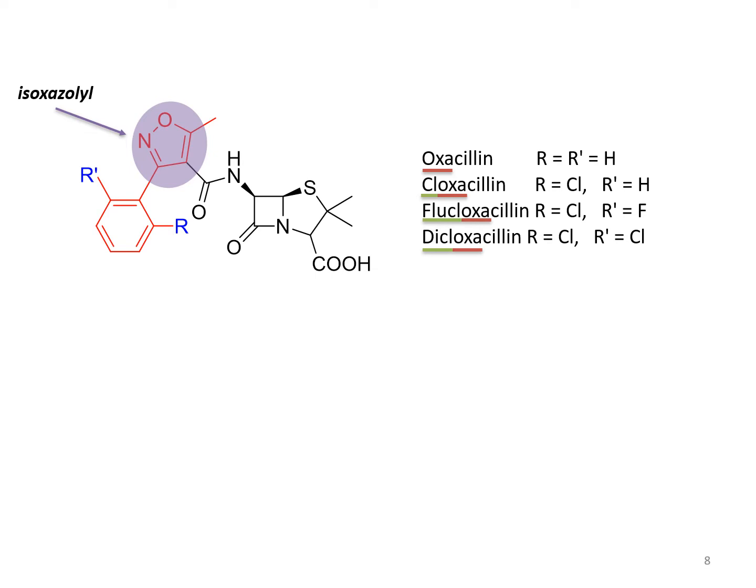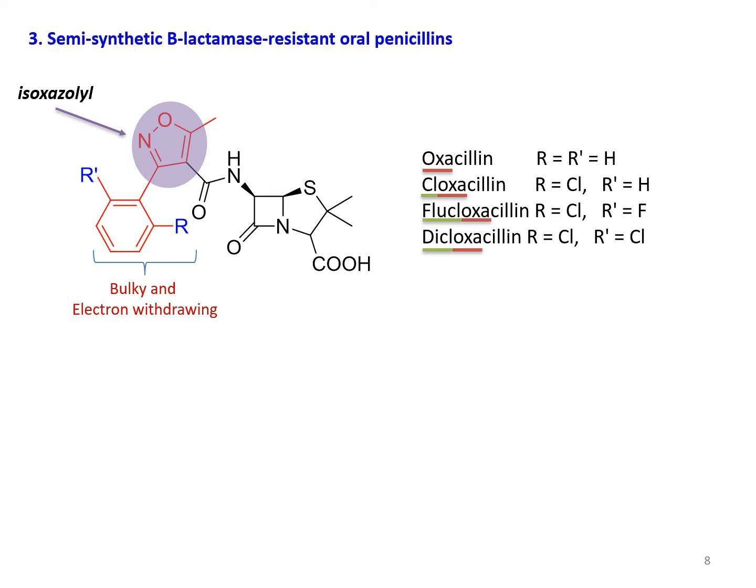The side chains in these penicillins are bulky, electron-withdrawing, and lipophilic, which means that they are resistant to the beta-lactamases, orally active, yet have a narrow spectrum of activity. Although the bulkiness of the side chain is what leads to the resistance against beta-lactamases, it lowers, in a similar manner to methicillin, its antibacterial activity against some strains of gram-positive bacteria.